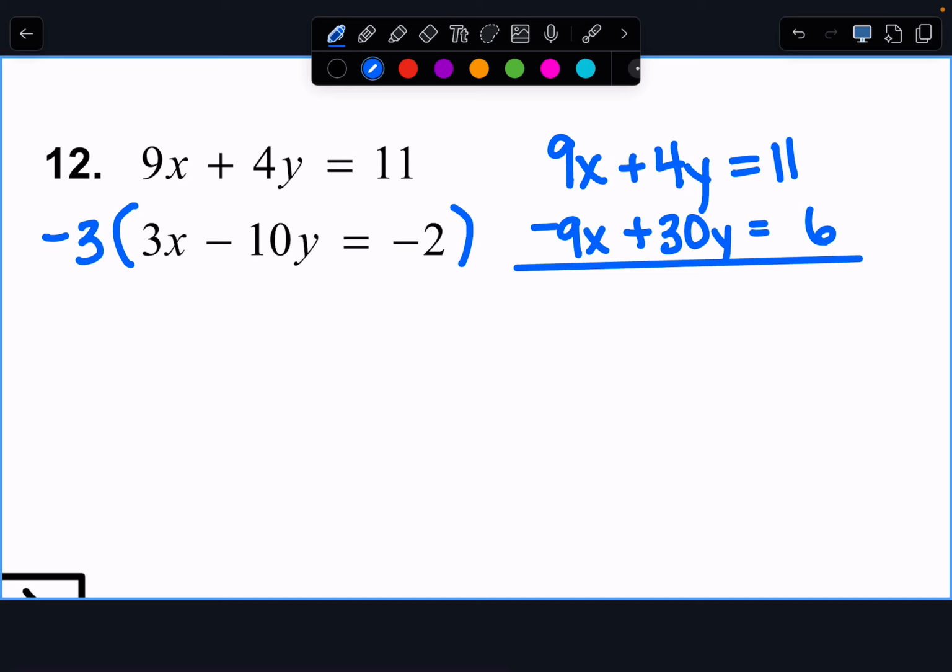All right, so if you get 34y equals 17, I'm seeing some people work harder than they need to. When we divide by 34, please do not leave it as 17 over 34. 17 over 34 is the same as what? 1/2.